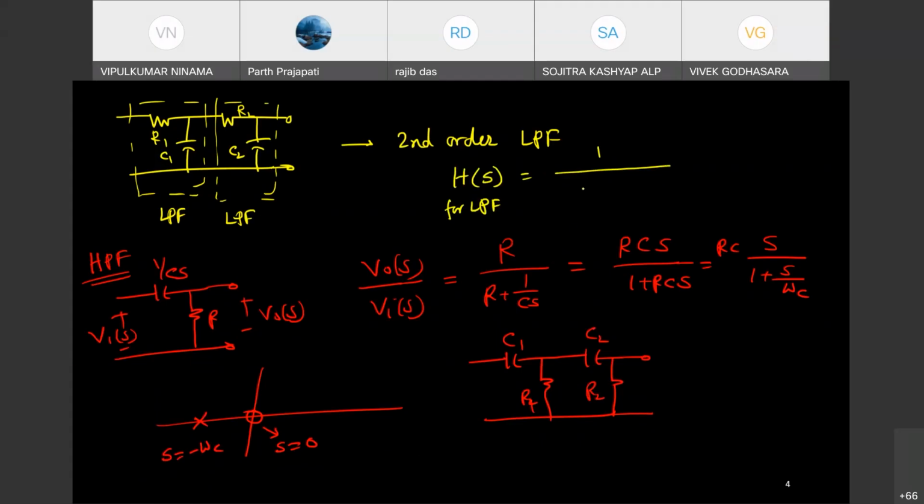And here this is second order. Second order polynomials, generally you write in this form: s squared plus 2 zeta omega_n s plus omega_n squared. So this is the standard form for a second order polynomial, where omega_n is called the natural frequency, and zeta is the damping coefficient.